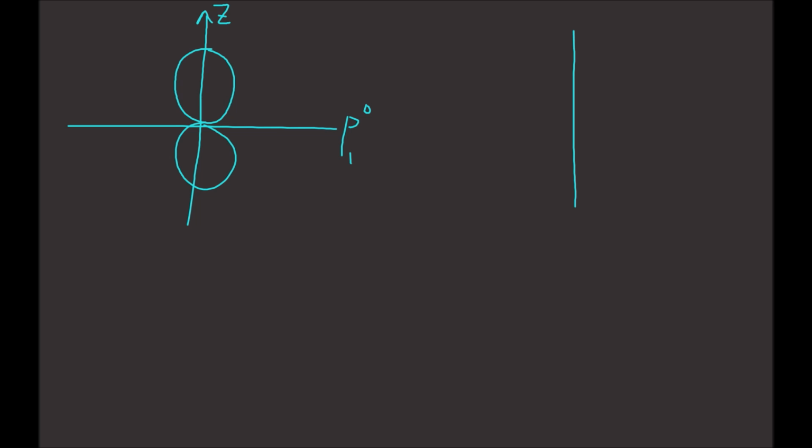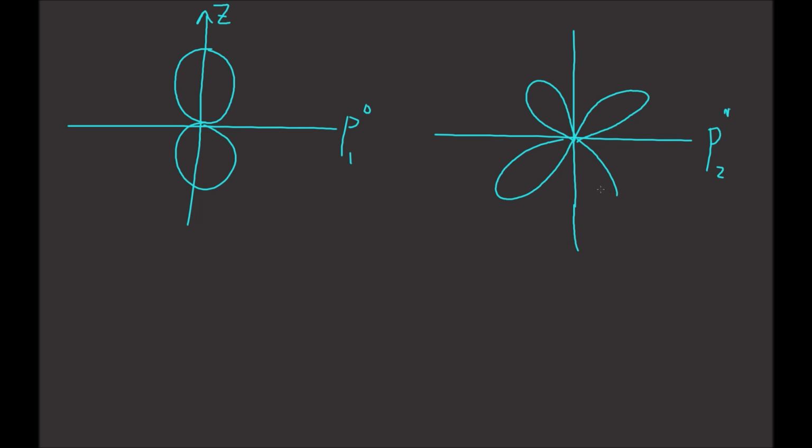Alright, and if we draw P 2 and 1, it's going to look something like that. P 2 and 0 is going to look something like that.